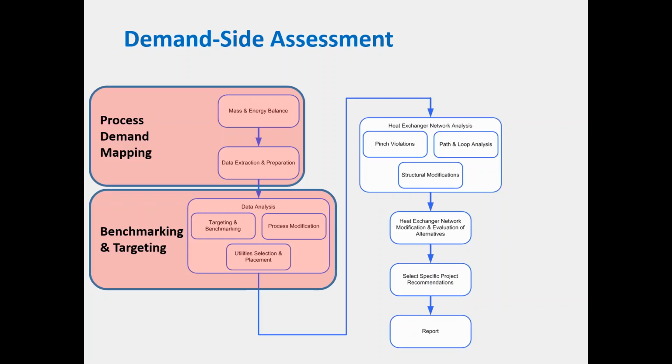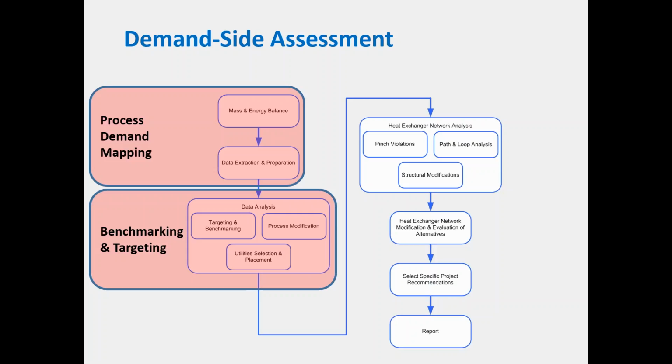It may not be economic to realize all of those savings, but at least it gives you a guideline as to what is possible. Also within that exercise, and we're not going to go through how to do that today, you also can focus in on individual utilities. So for example, you may come up with a minimum amount of chilled water that you need to supply to the process.